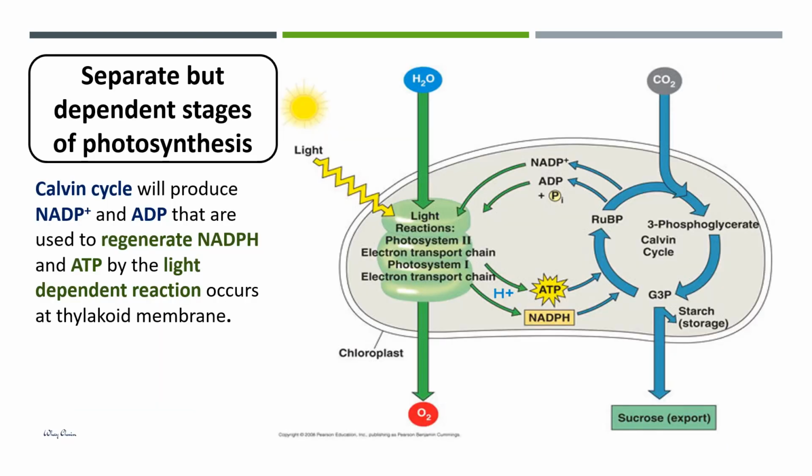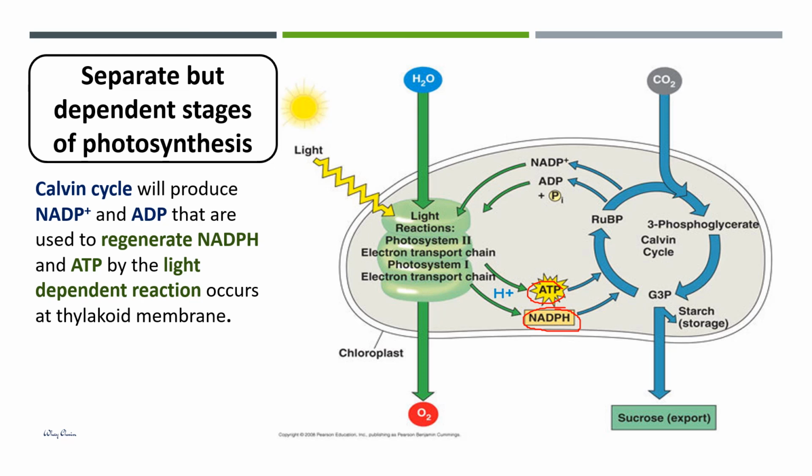So as a conclusion, photosynthesis consists of 2 stages which occur separately, but they depend on each other. This is because the Calvin cycle requires the ATP molecules and the reducing agent, NADPH, that can be produced from the light-dependent reaction.